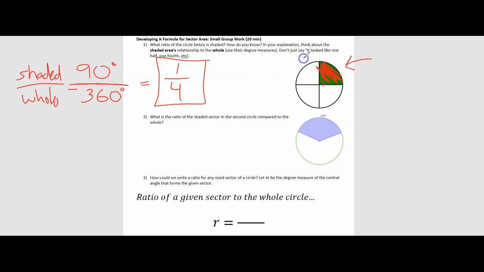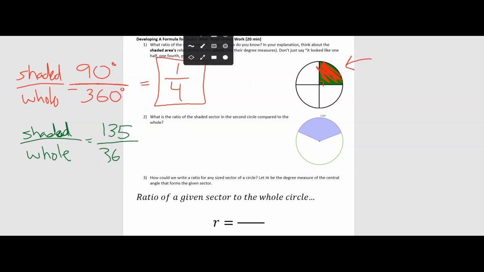For the purple, it's not actually clear what the simplified ratio should be. But if we follow the same steps of shaded to the whole, we're going to get 135 over 360. And then we're going to simplify. Well, those are both divisible by 5. Try to come up with the greatest common factor, though.